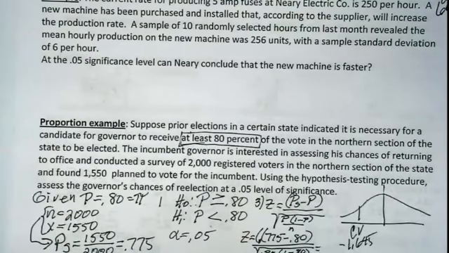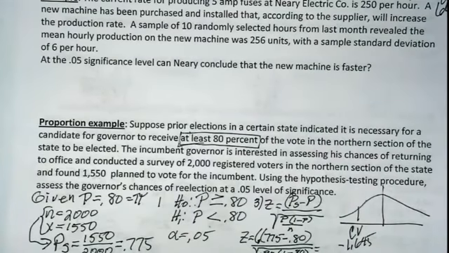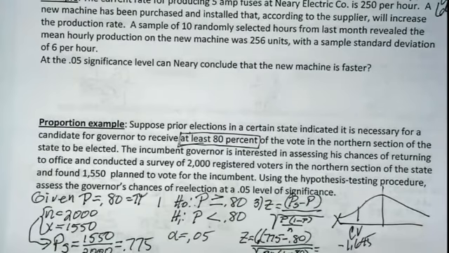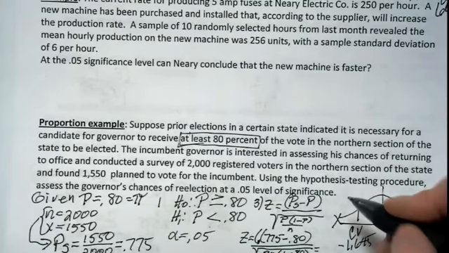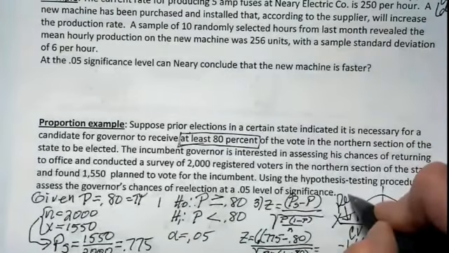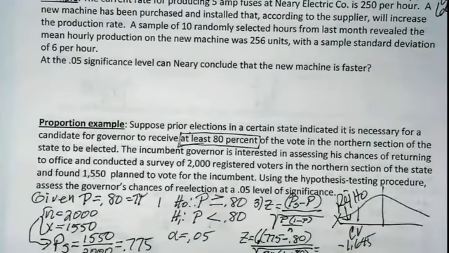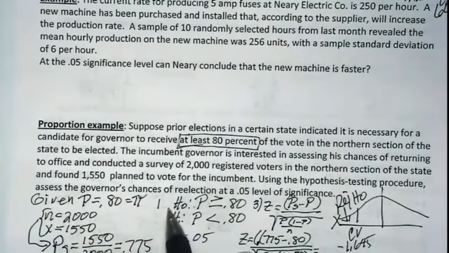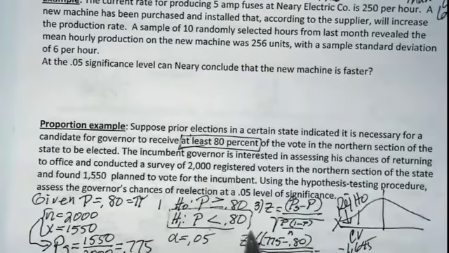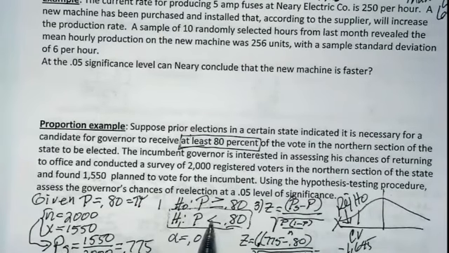When you do this calculation, you got a negative 2.80, which is here. So this is in the reject the null hypothesis. So we're going to reject it. We're going to box the alternate, and that says the population percent that will vote for him is less than 80%.